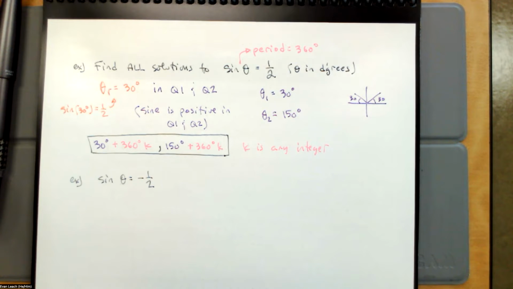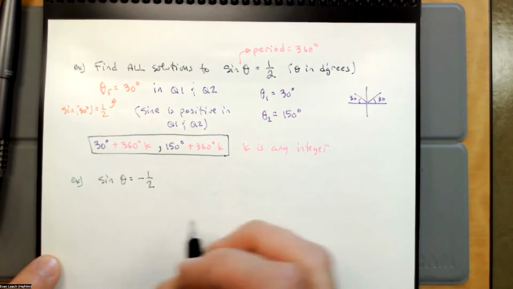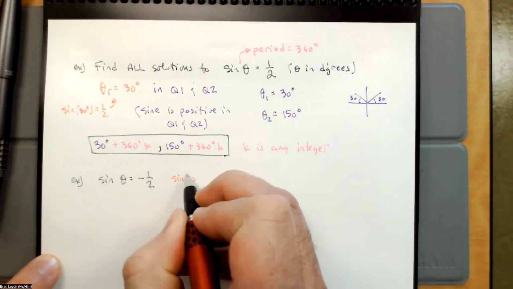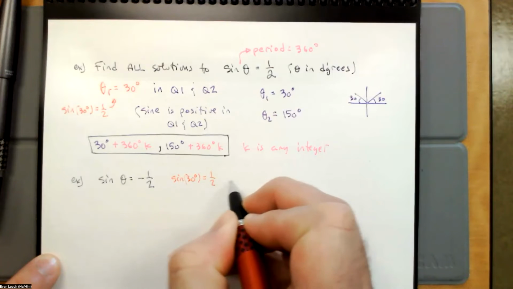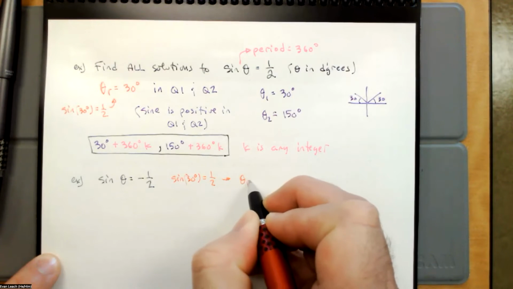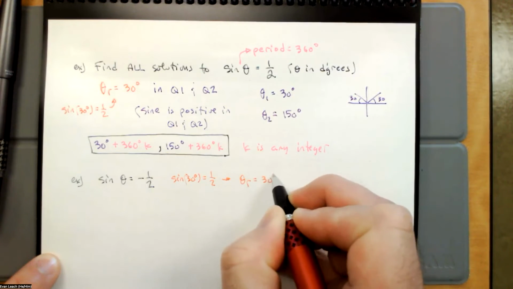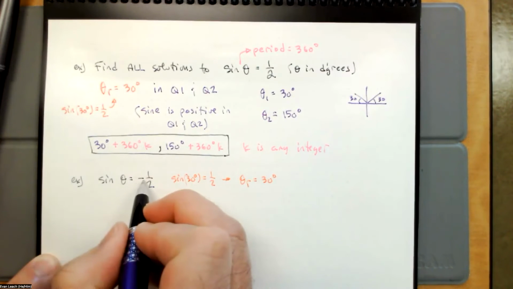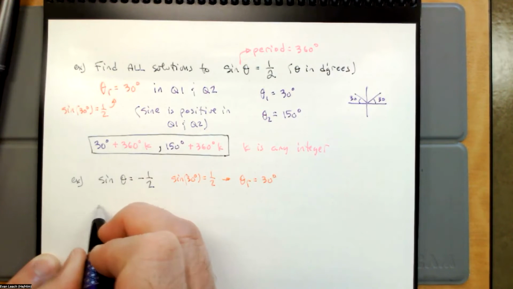So same question, if I change my 1/2 to a negative 1/2, I still have the same reference angle. Sine of 30 is equal to 1/2, so my reference angle is 30 degrees. Here we have sine and negative, so sine is negative.